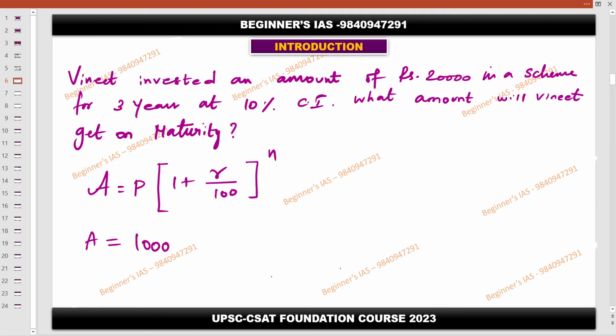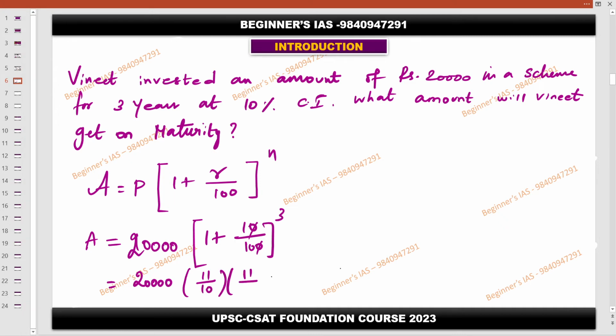So here 20,000. Then listen, 1 plus R is nothing but what? 10 by 100, the whole power 3. So this is equal to 20,000. Here 10 and 10 cancel. Then 11 by 10 plus 1, 11 by 10.